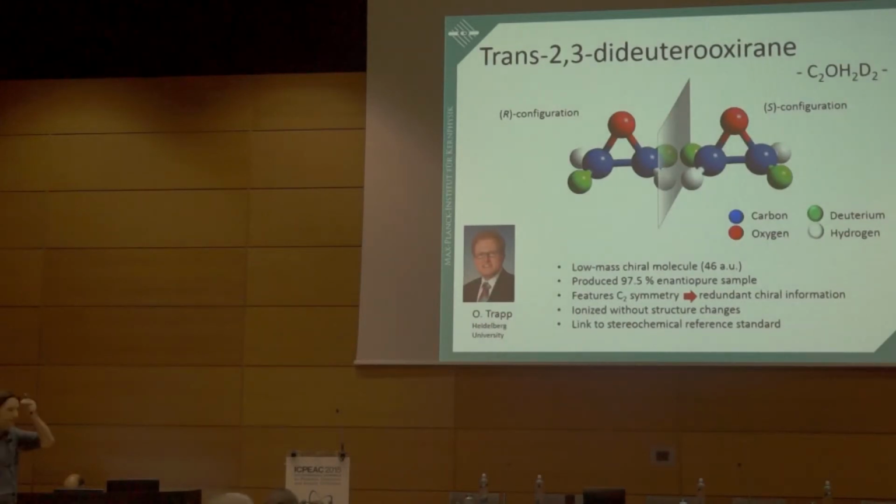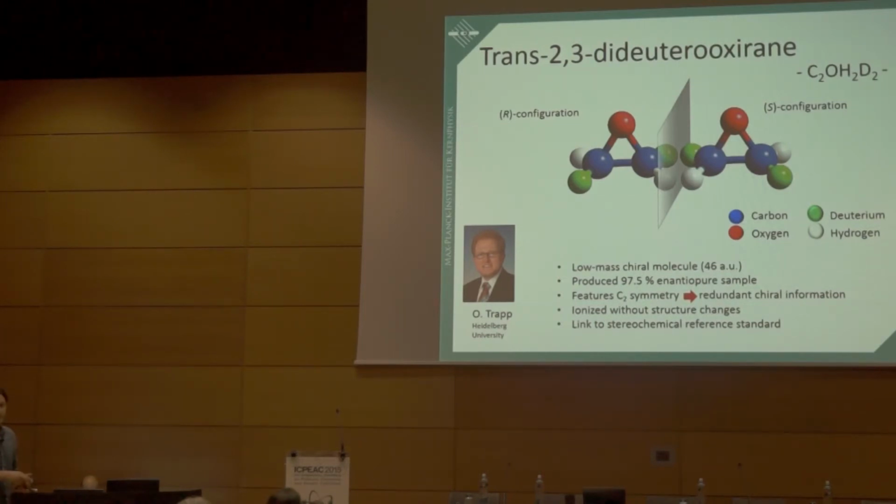So let's get concrete. The molecule we performed our measurements with was trans-2,3-dideuterooxirane. You can see it here, C2OH2D2. Here are the carbons, the oxygen, two deuteriums, and then here we have the hydrogen. This is the R configuration, and on the other side we have the S configuration, and they are, of course, mirror images of one another.